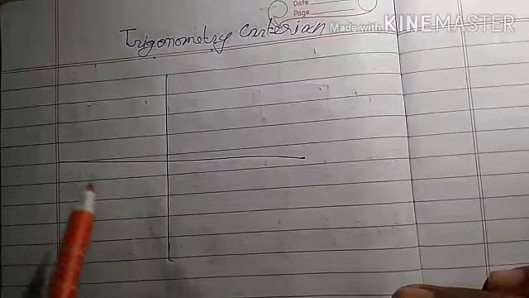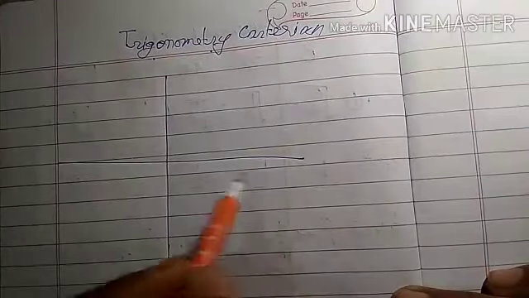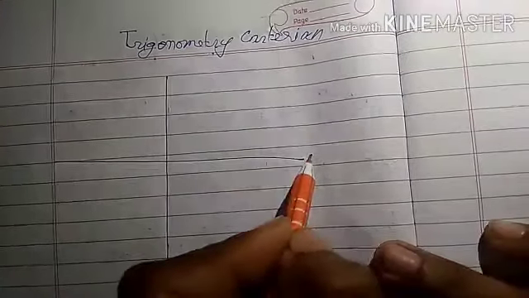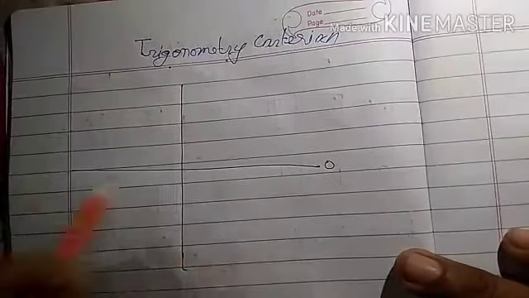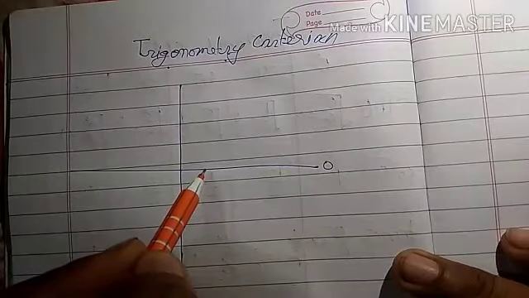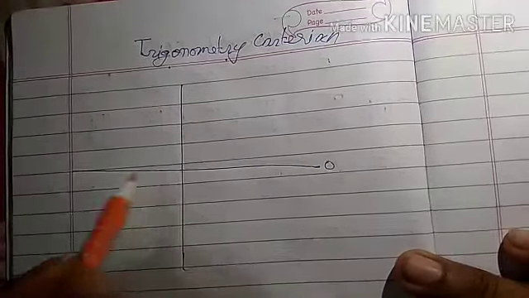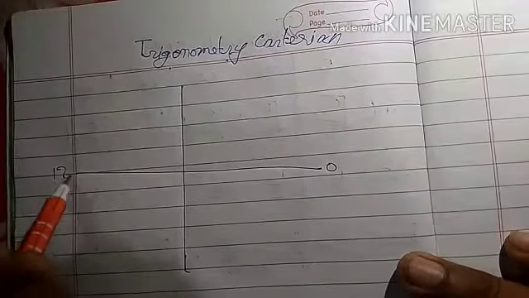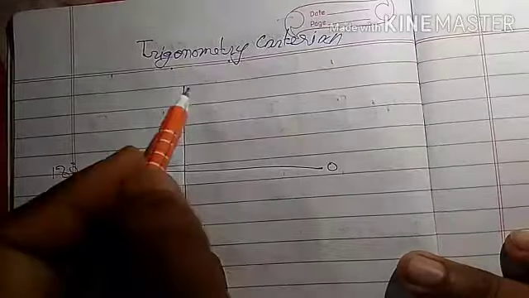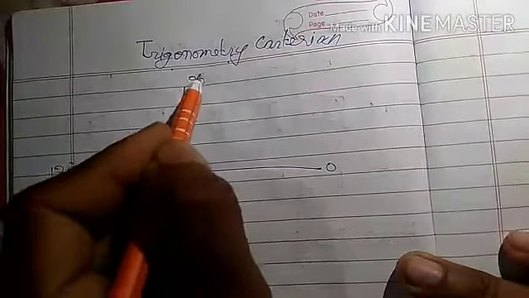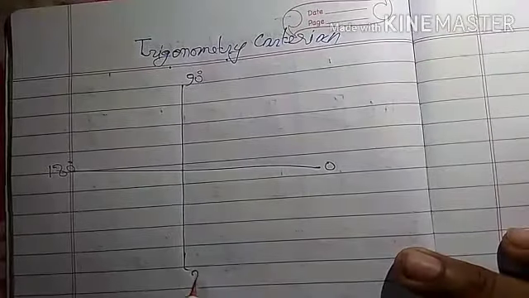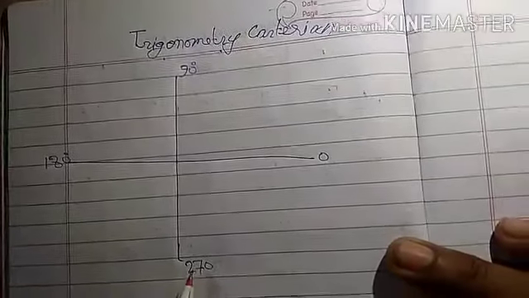So this horizontal line is 0 degree, and as we rotate from 0 to this, that is 180 degree, 90 degree and 270 degree.